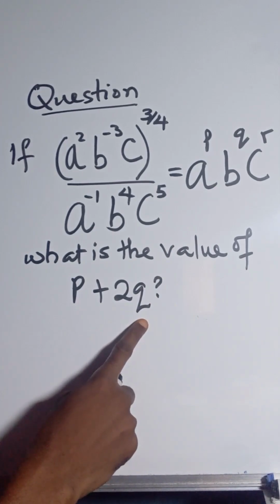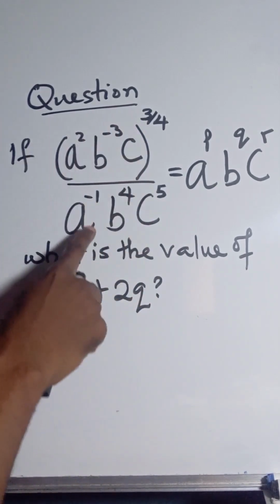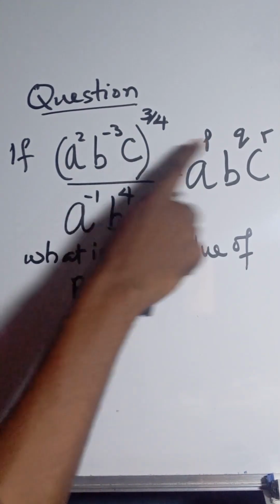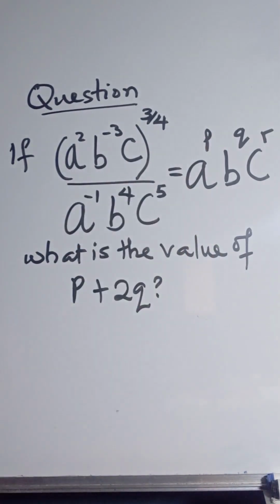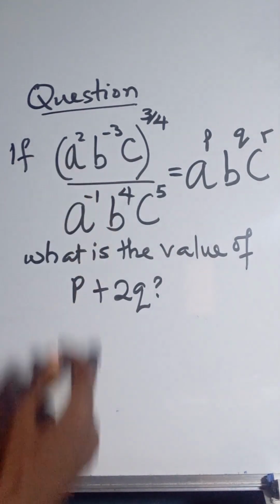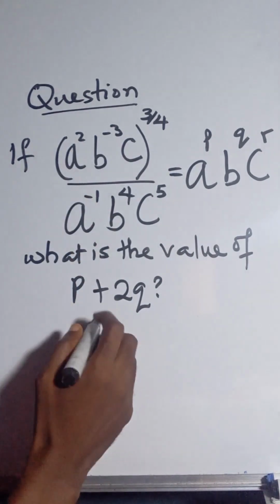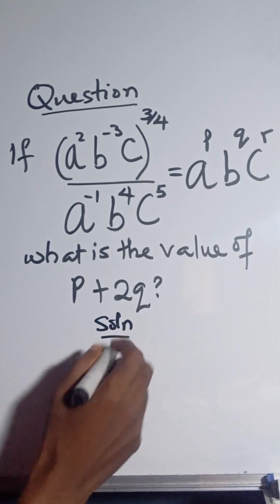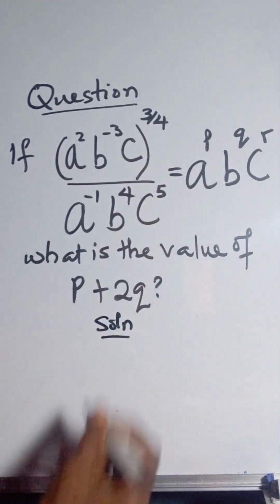Alright, so the whole idea here is we want to simplify the left hand side and compare the powers. So our first step, we are going to multiply the powers.